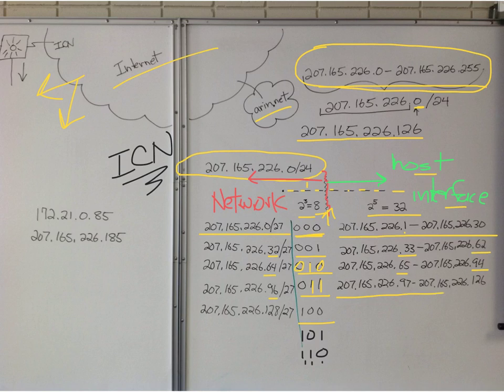And then we get this range of addresses up through 126. And then we could calculate the rest of these, just write them all out. Then you can decide how you're going to use those networks. Okay?